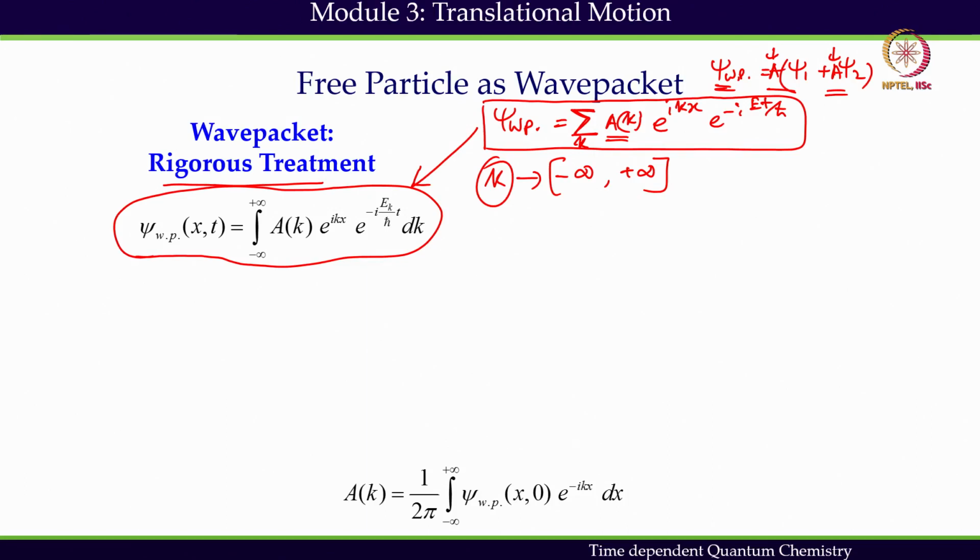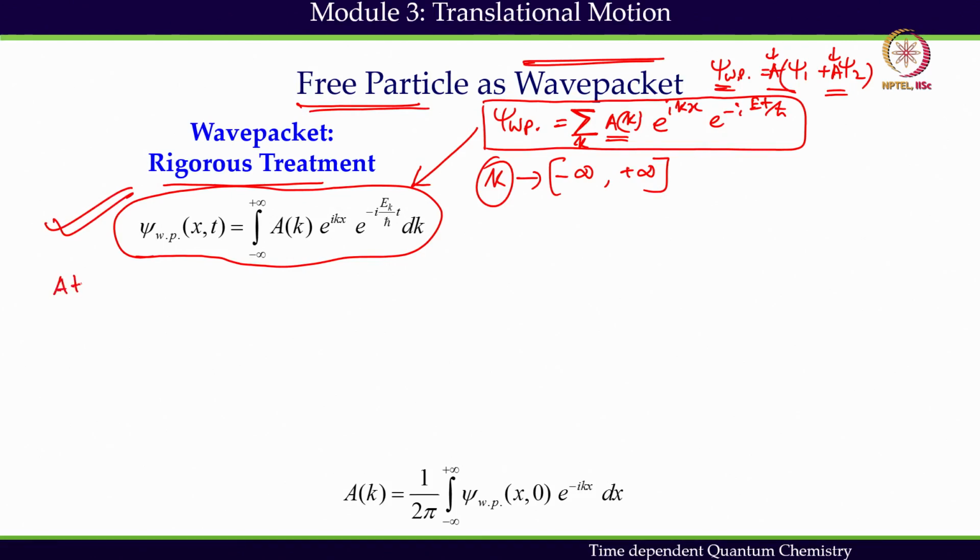So, the question is, can I have an analytical solution for the free particle wave packet if I consider this rigorous expression for the wave packet? So, what will happen?